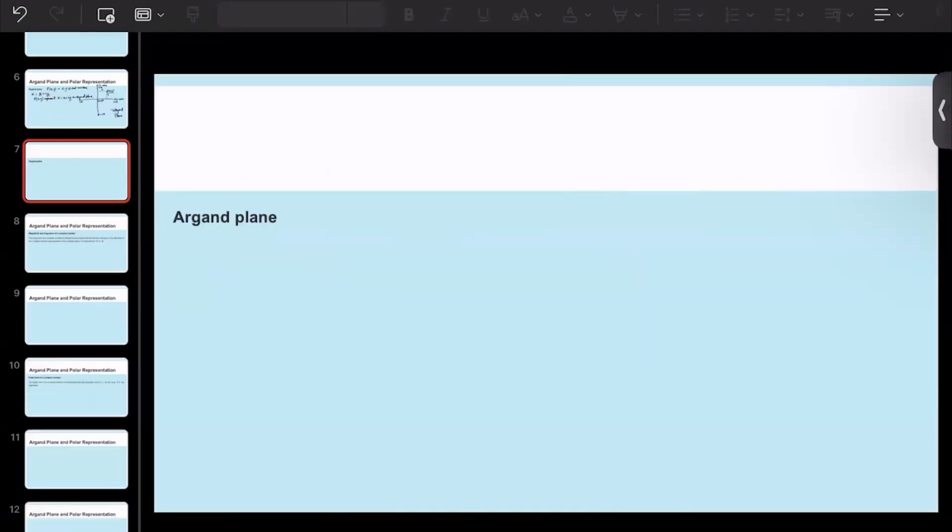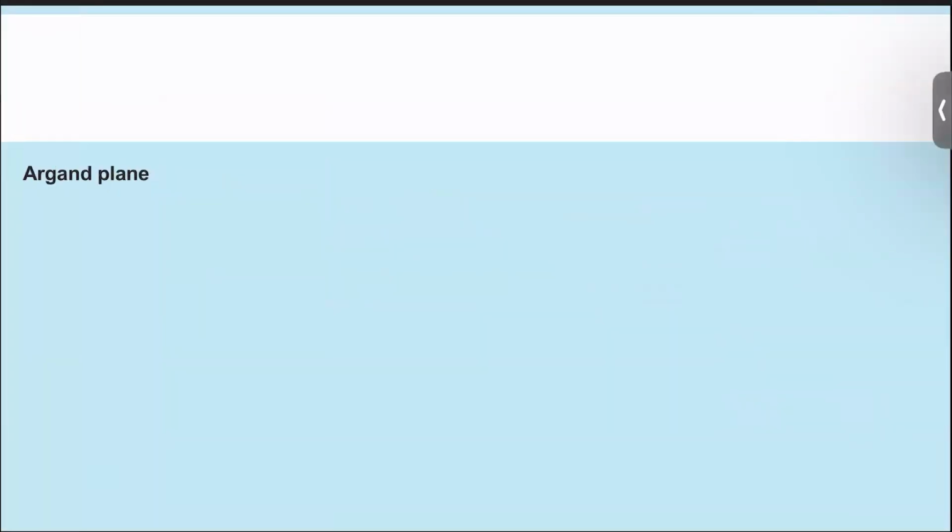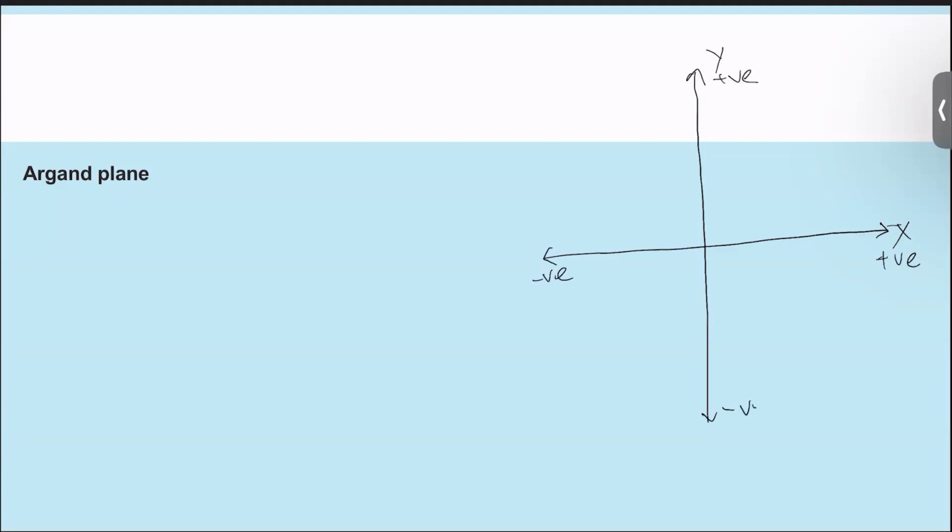So let's take an example. I will draw the axes over here. This is your x, this is your y, and this is positive, this is negative, this is again positive, this is negative.